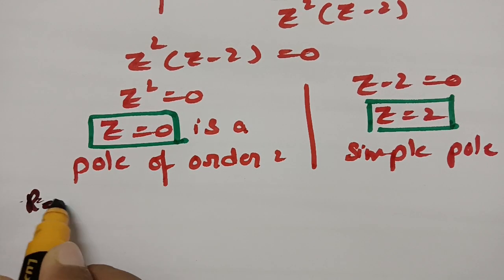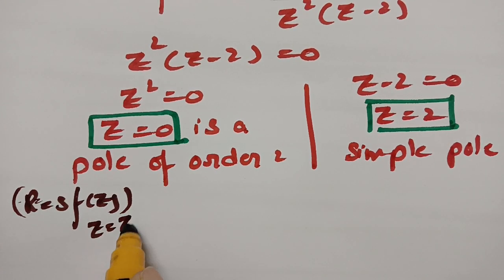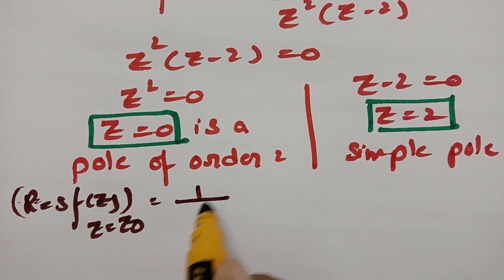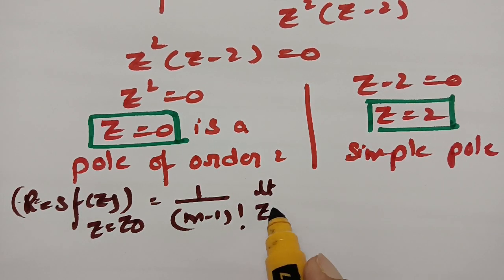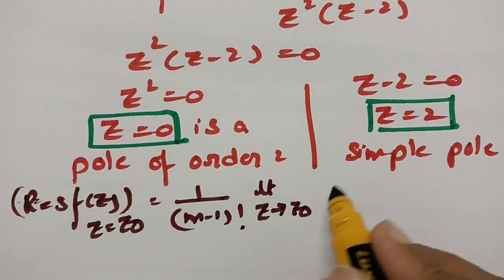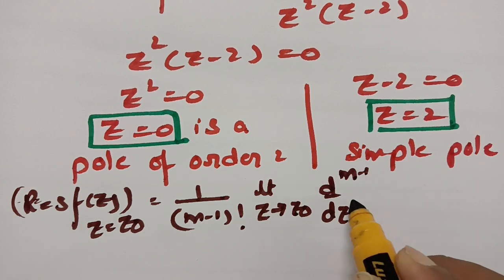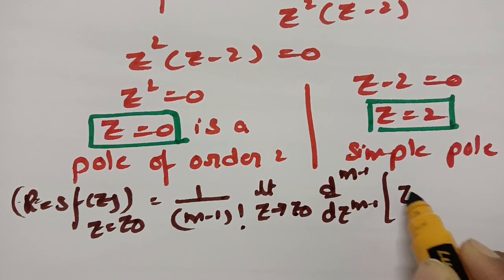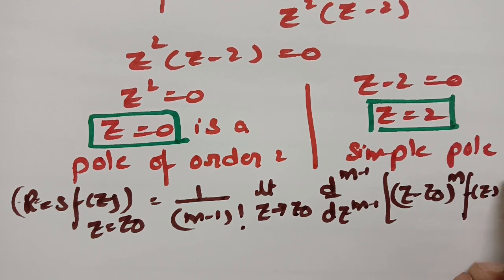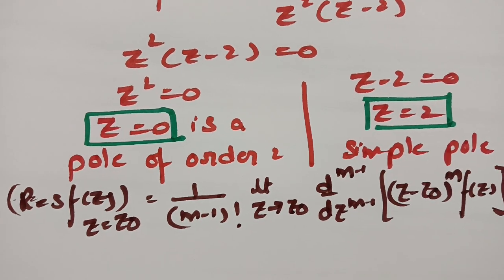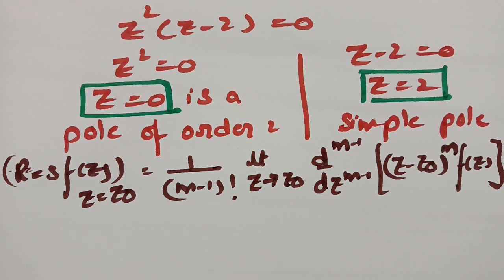Residue of f of z at the point z is equal to z naught is equal to 1 by (m minus 1) factorial into limit z tends to z naught of d by dz to the power (m minus 1) of (z minus z naught) to the power m into f of z. In order to find the residues of order 2 or 3, m is the order value.